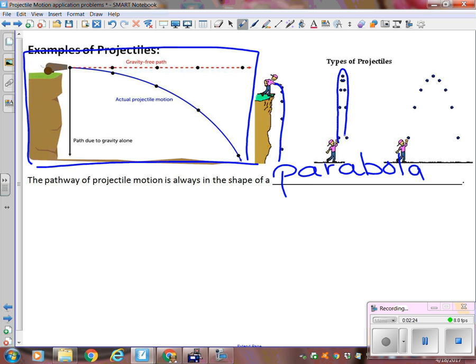This middle picture here kind of models, if you were trying to play catch and your friend hadn't shown up yet and you just toss it straight up in the air and then you try to catch it, that would be the second one. So the parabola is very tall and skinny, but it still follows that curved parabola shape. And then, of course, this one, if you toss the ball maybe to someone else, definitely a parabola. So these are all projectiles. They all have that quadratic parabola shape.